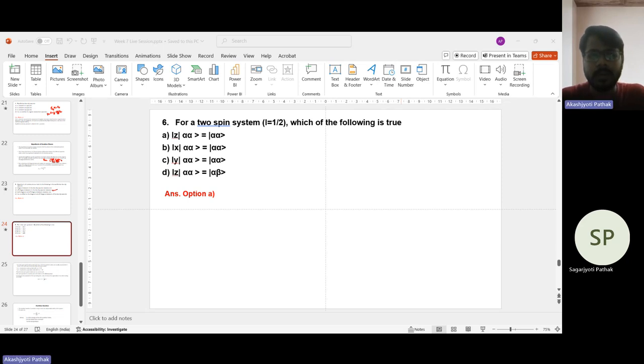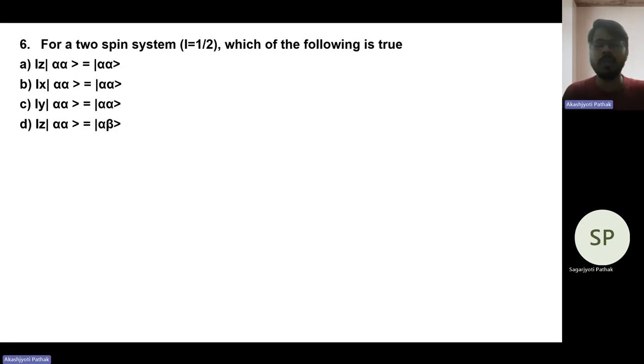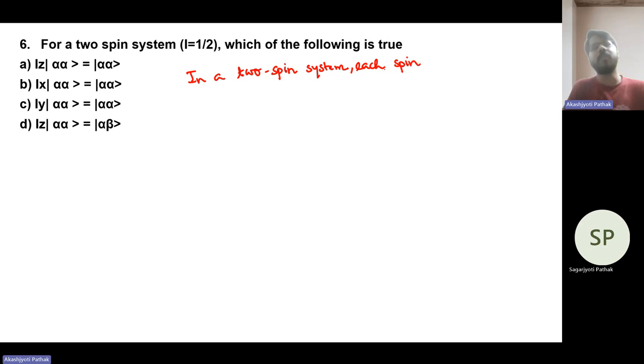Okay, so we will try to solve this question now. What happens in a two-spin system? In a two-spin system, each spin will have I equal to half.